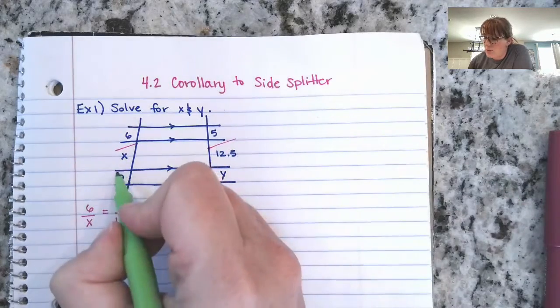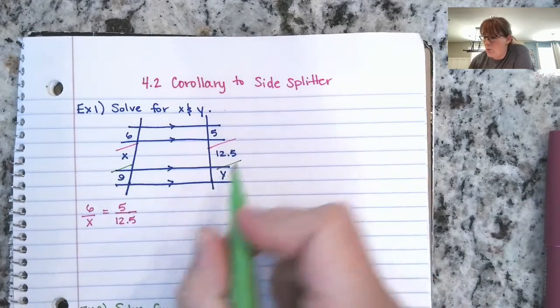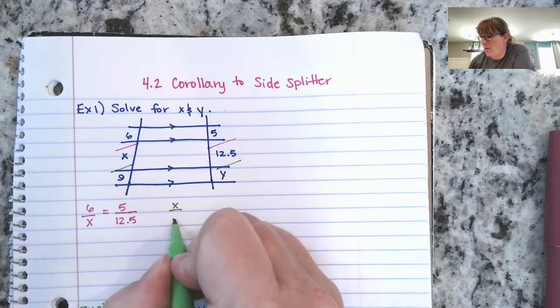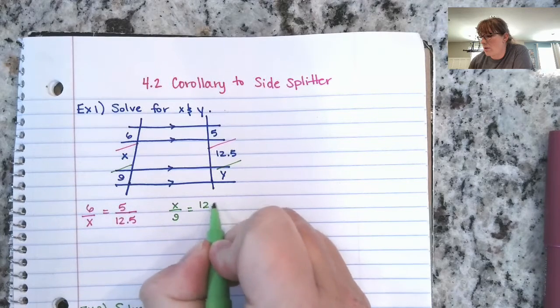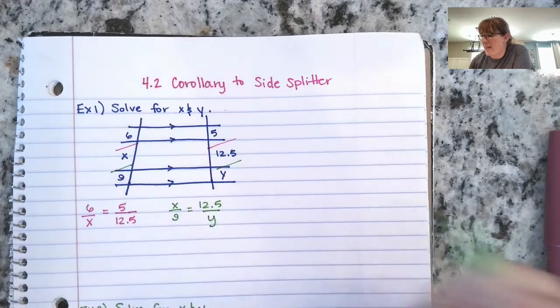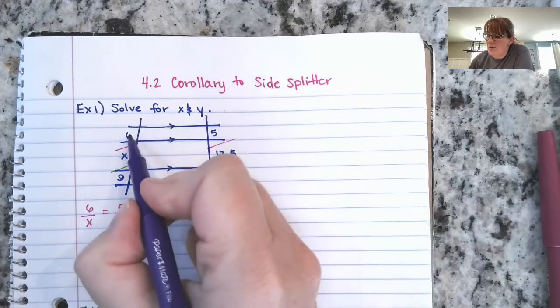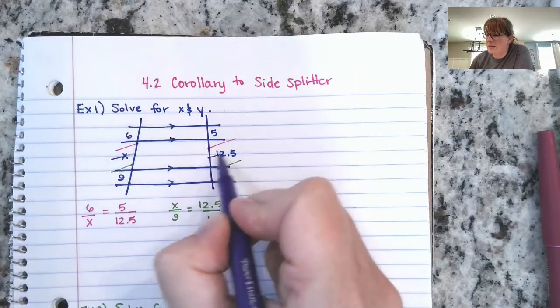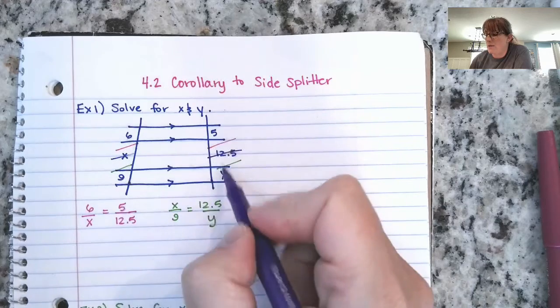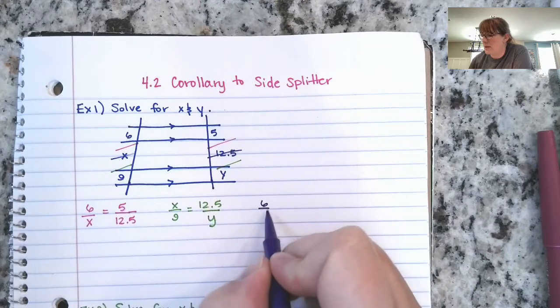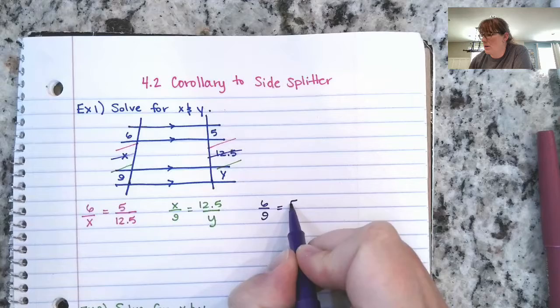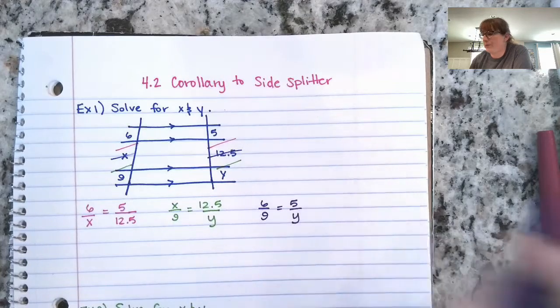We could also do x over 9 and 12.5 over y. Okay, another one we could do, let's do, how about 6 and 9 and 5 and y. So 6 over 9 equals 5 over y.